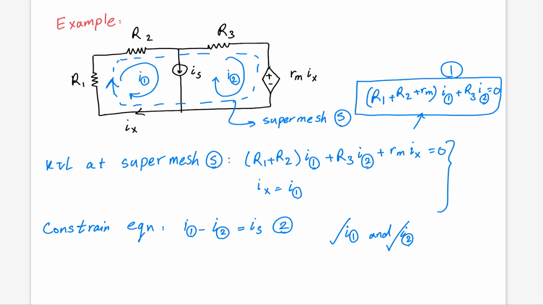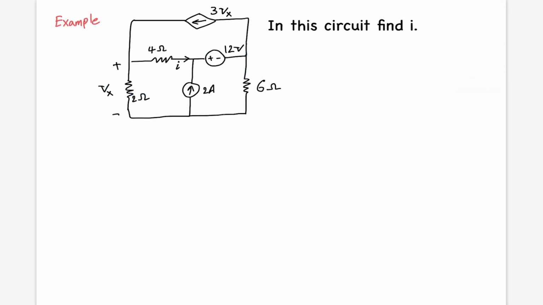Now let's go see another example and learn more about it. In this example, we are going to find current I. So here we can see a current source which is going upwards, 2 amperes, between two inner meshes.